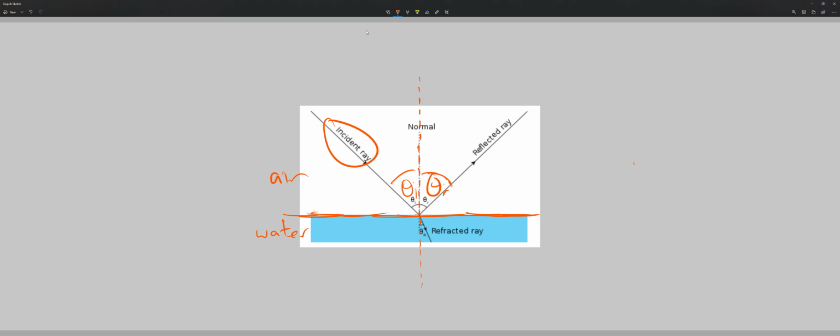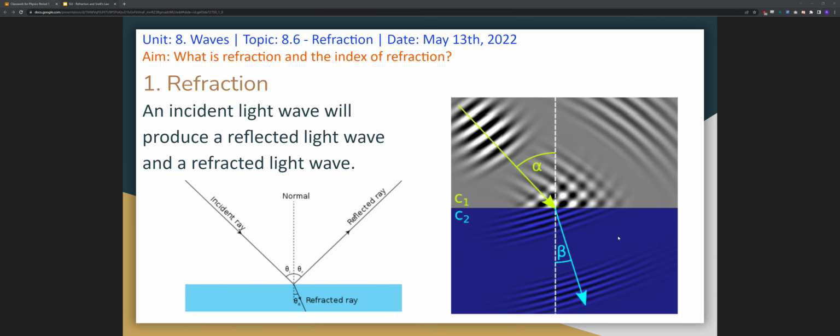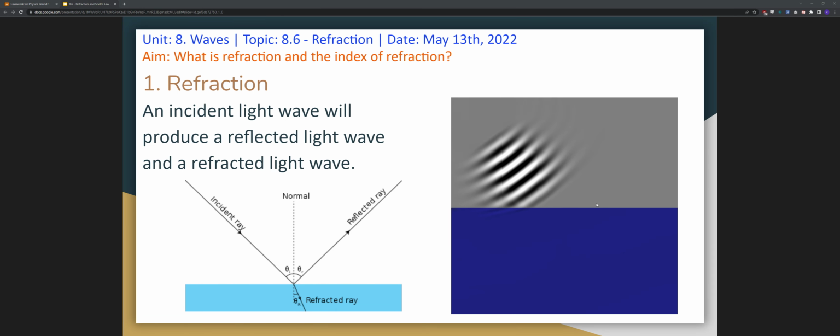So my incident ray angle is equal to my reflected ray angle. And not only must there be a reflected ray, there is a refracted ray. Because you're entering a new medium, your light wave gets slower and so it bends, which is kind of what the GIF on the right is showing.